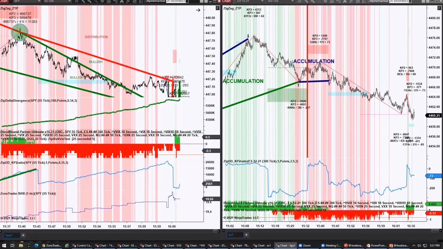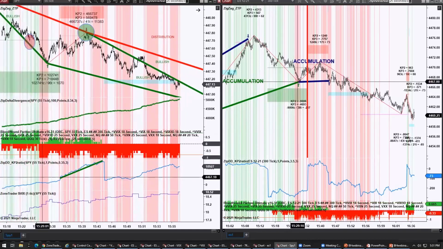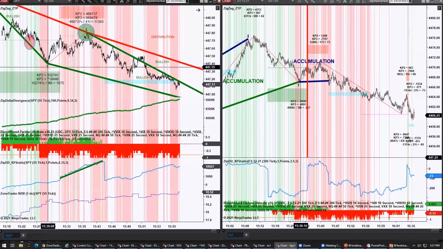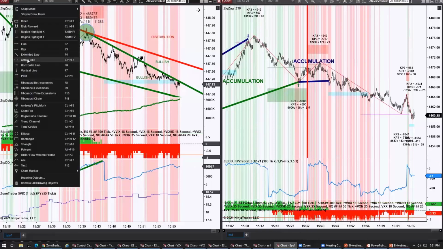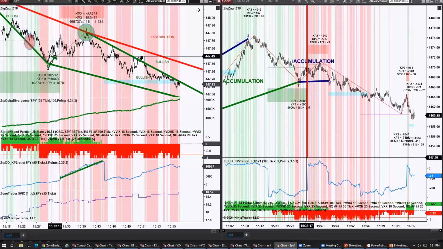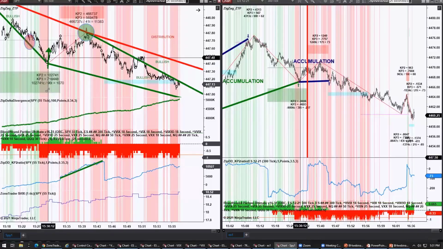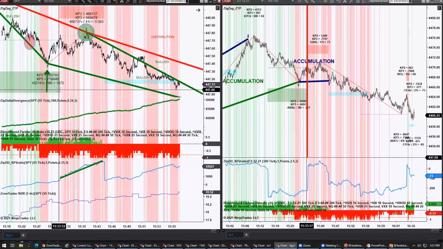Black arrows. I'm not sure what you mean by black arrows, Emmanuel. Maybe this right there. Oh, the black arrows again is something that I drew on the charts to signify when there was a confluence of both an ES signal, and now that I'm looking at it, there should be one right here also, when we have both an ES signal for divergence and a SPY signal for divergence.